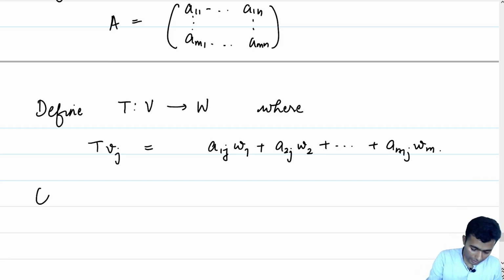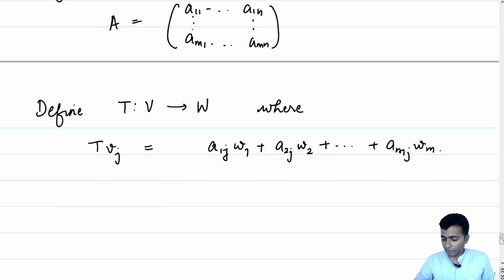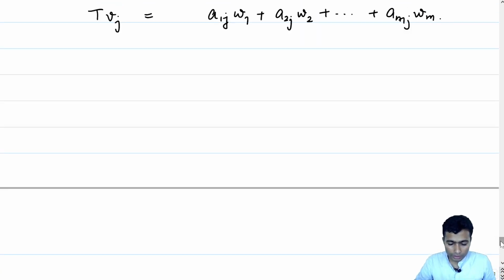Before that, I just defined what T is on the basis vectors of alpha, and by one of the theorems we have proved earlier, there exists a unique linear transformation which maps each of the Vj's to the vector which I have just put in the bracket. Let's call it Uj.